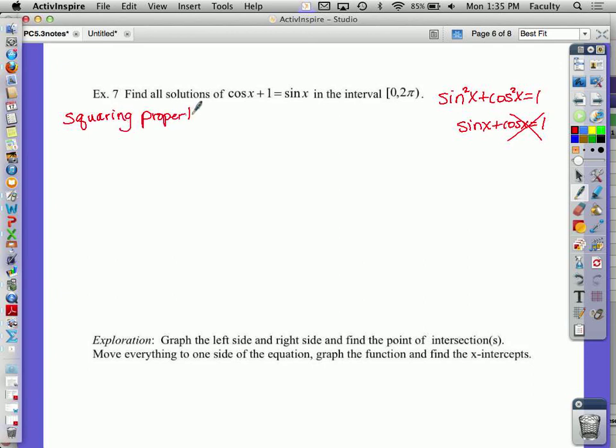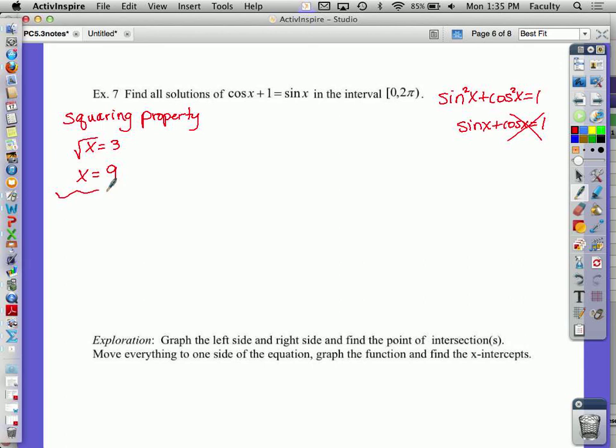So when you can't factor or substitute or isolate, you can use the squaring property. What I want to show you is that when we started with something like the square root of x equals 3, we would square both sides, right?